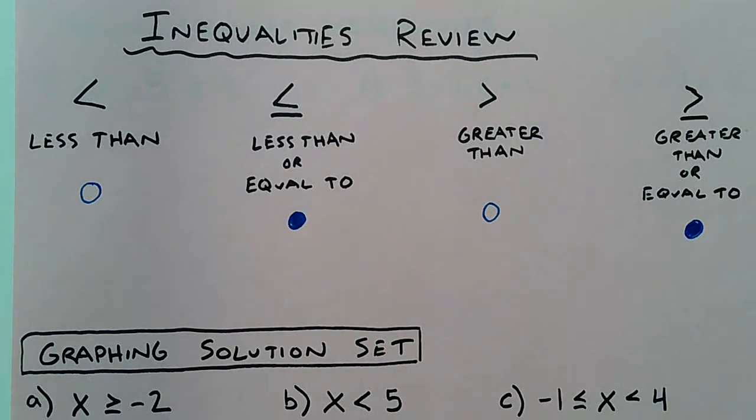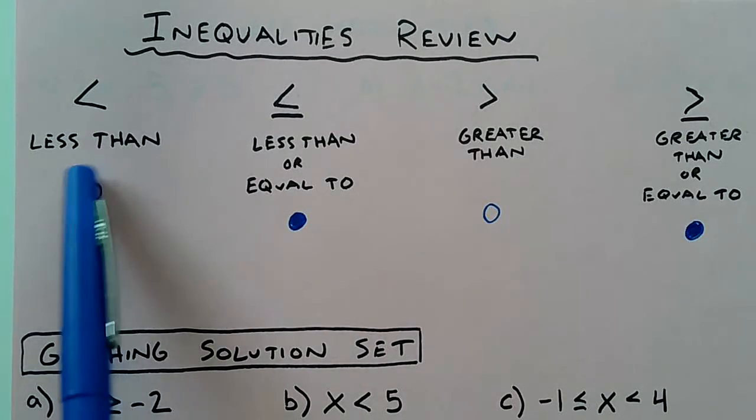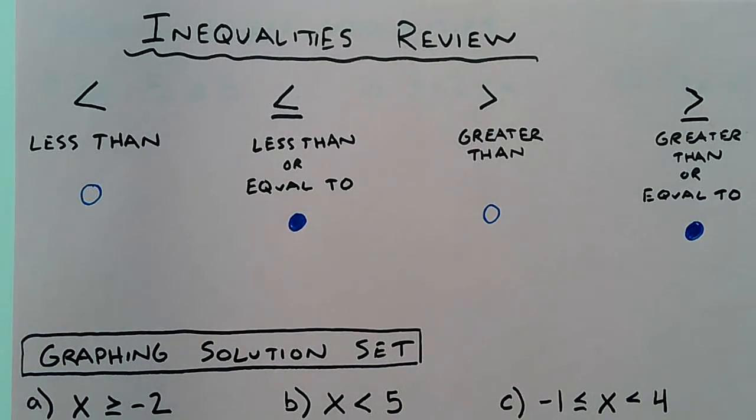The four inequality symbols compare to a value, a boundary point, which we often referred to last year. Just to review, we have a less than symbol. A less than symbol deals with an open circle when graphing or representing that solution. It's open because it doesn't include that value.